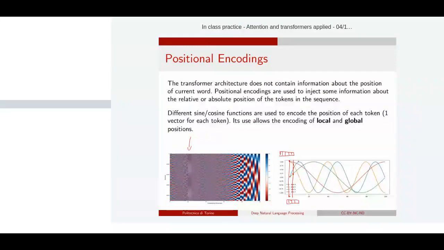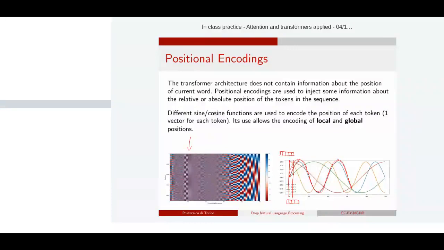The second thing is that each wave here is encoding a local distance between these words. So if I have this first wave between the first and the second one, there will be a difference of values that is encoding how far they are in the sequence.